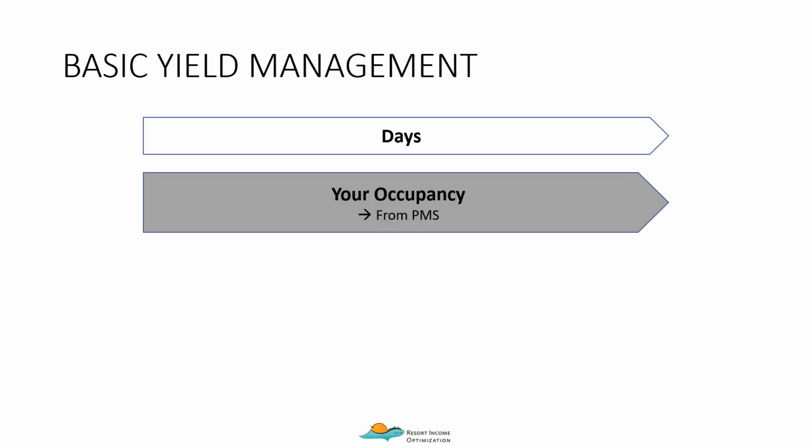So your PMS should be the ultimate source of truth, so to speak, and that should reflect all of your reservations for every room and every date. So you want to pull in your occupancy, or some people might call it availability, which is kind of the flip side, right? The number of rooms that are available that are not reserved.